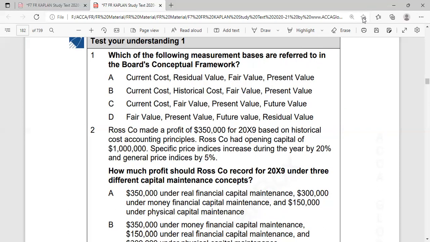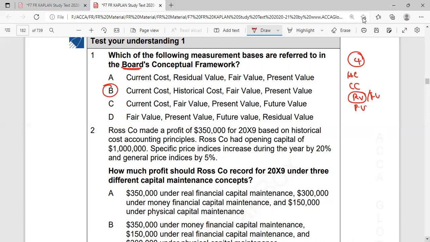What is meant by Board here? The Board is nothing but the new Conceptual Framework for Financial Reporting. There are four measurement bases: historical cost, current cost, realizable value, and present value. Realizable value is also called the fair value of an asset. So the answer is B.